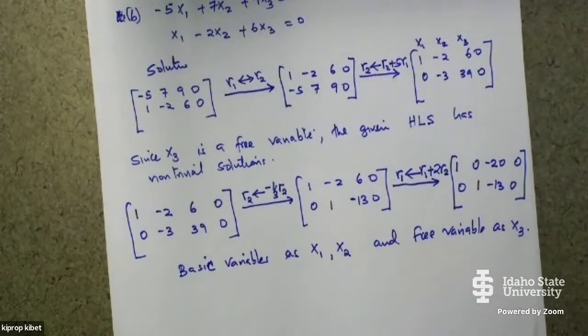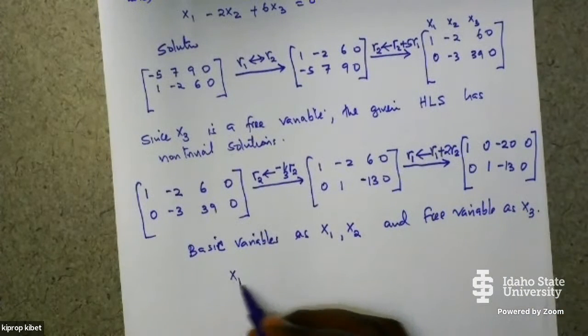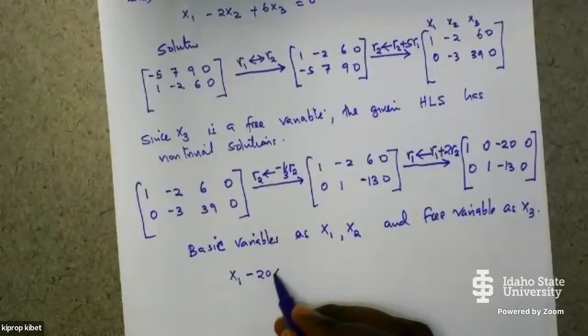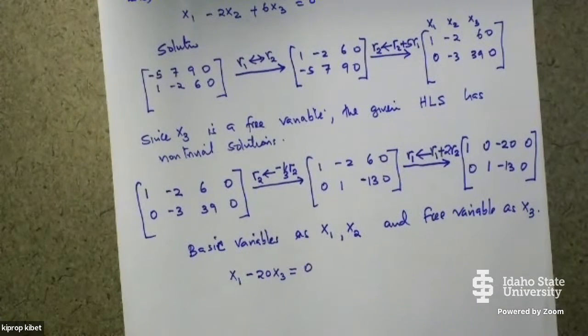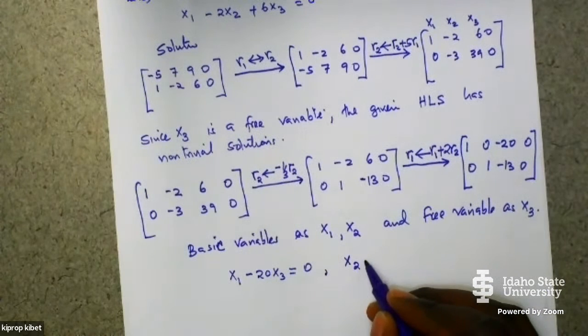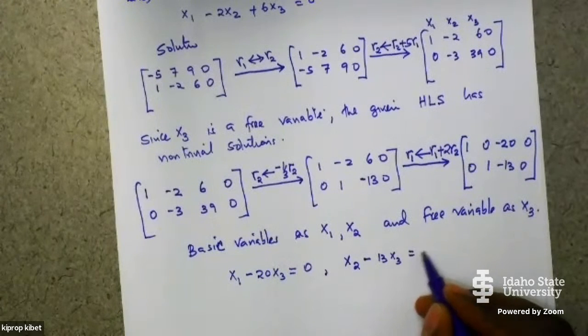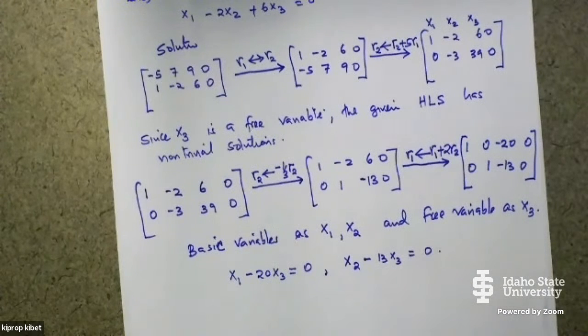Our new linear system is x1 minus 20x3 equals 0, and the last one is x2 minus 13x3 equals 0.